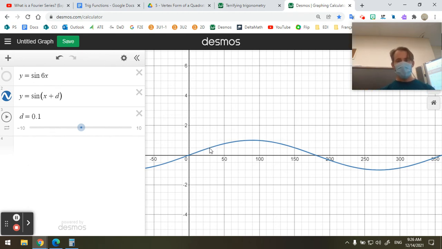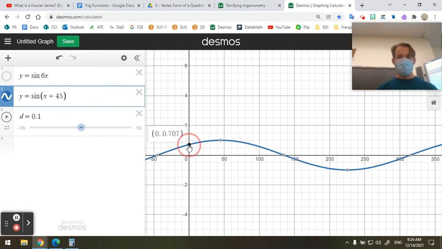That would take this point that happens at 45 degrees and make it the y-intercept. It's 1 over root 2, so 1 over root 2 will be the new y-intercept. Let's put it in there. There's 45, and there, 1 over root 2. So it shifted this way by 45 degrees. That's what happens.